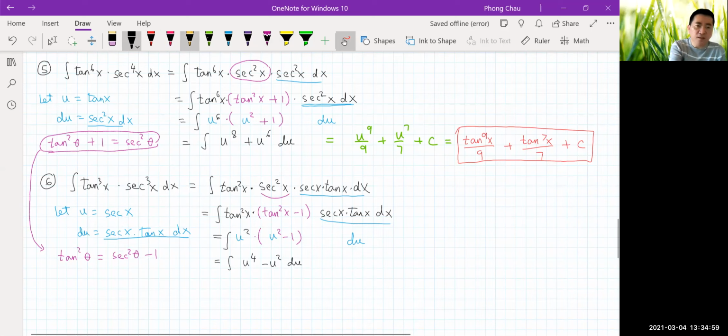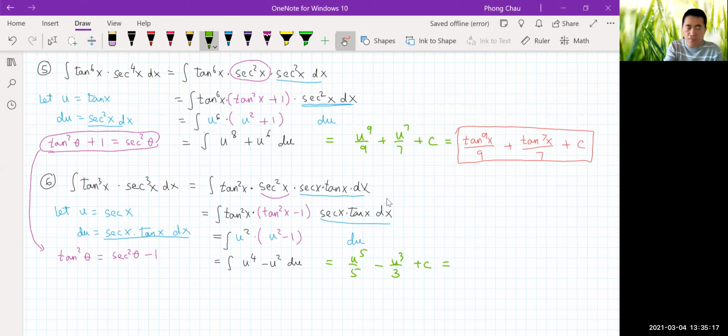And from here, no more trig and no multiplications. I can now integrate that: u to the fifth over 5 minus u to the third over 3 plus constant. And of course, we can go back to original functions, where u in this case is secant.